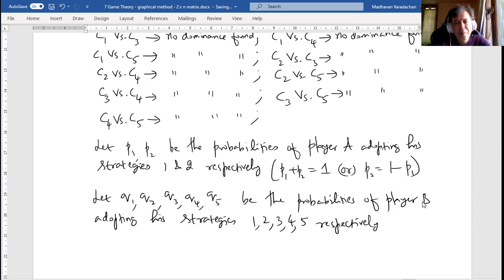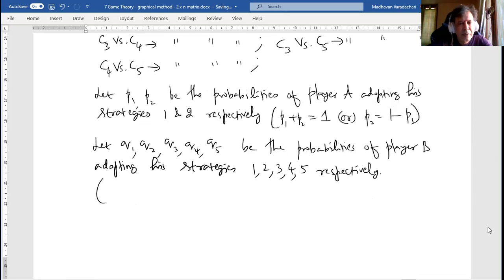Since these are the 5 probabilities possible for player B, Q1 plus Q2 plus Q3 plus Q4 plus Q5 should be equal to 1. We'll keep this much now.